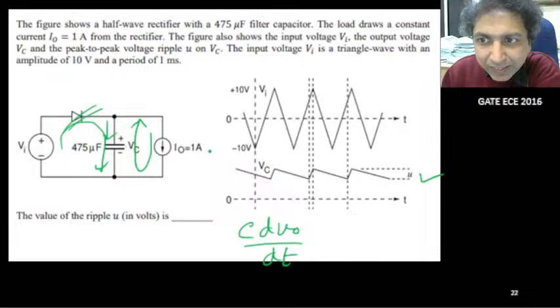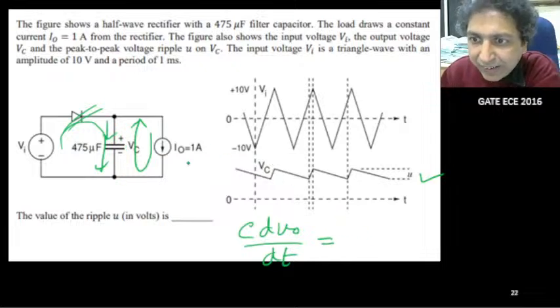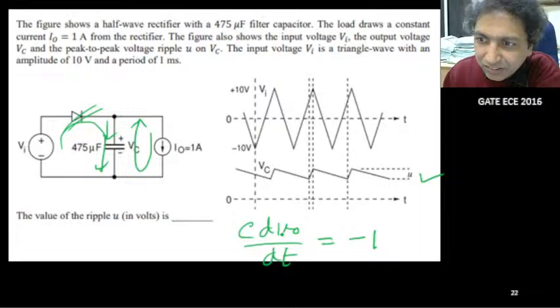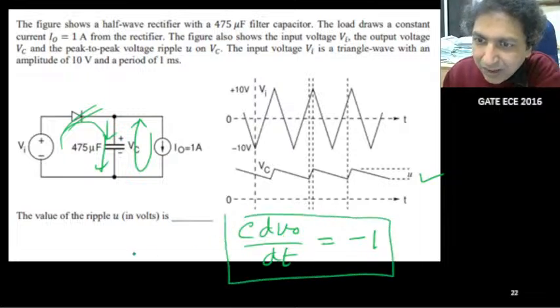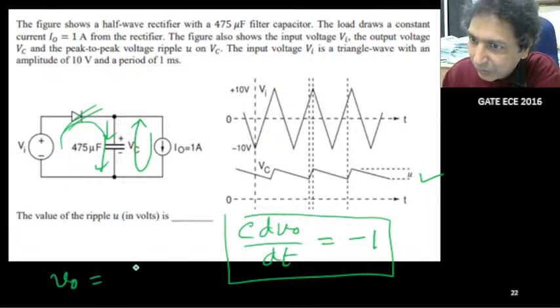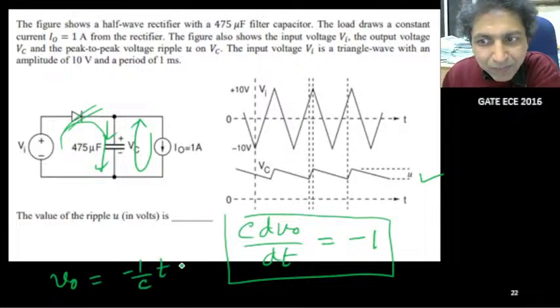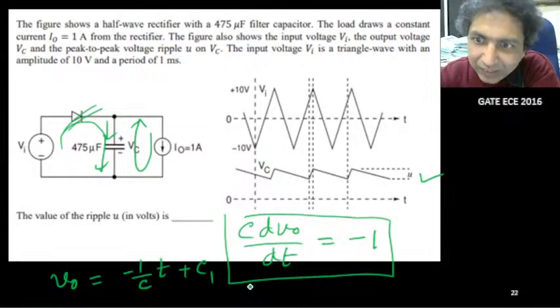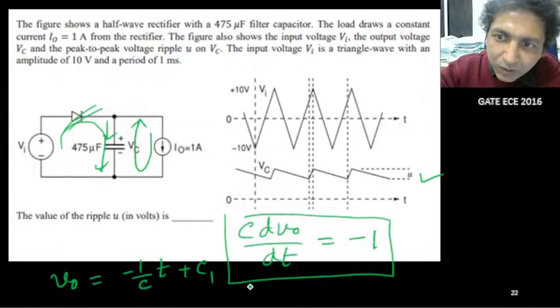The current given is 1, so it is minus 1. From here you can calculate V naught. This is a very easy equation, C dV/dt equals minus 1. You can find the relation for V naught: minus 1 upon C times t plus the constant C1, one integration constant, and you can find the integration constant considering the initial voltage of the capacitor at t equal to 0.